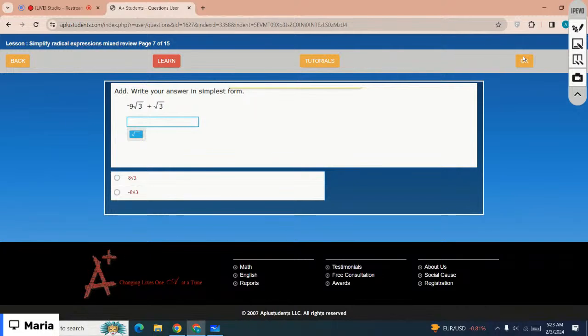Yes, the correct option is negative 8 square root 3. Option number 2 is the correct option, right?